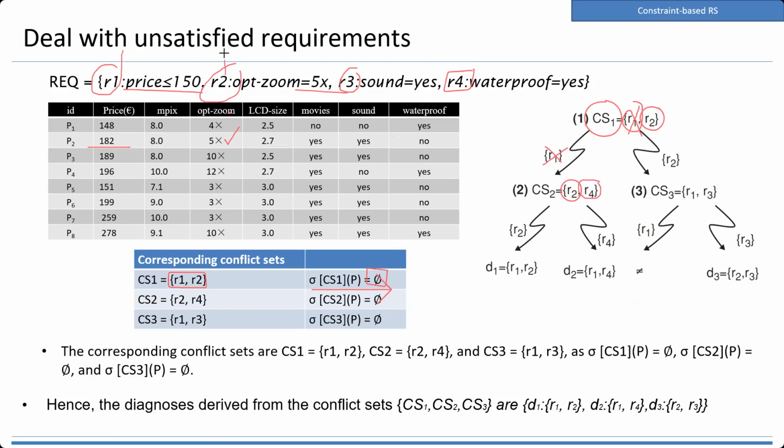So R2 and R4. If the optical zoom is 5 times and I want to check whether it is waterproof or not. So optical zoom is 5 times and waterproof is no. Then again, this is another conflict set because there is no solution.